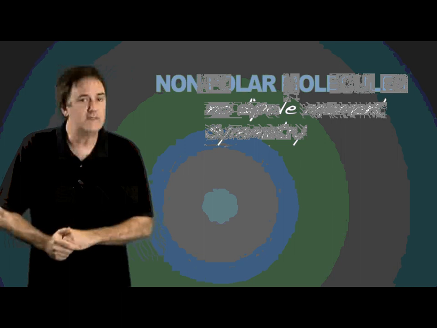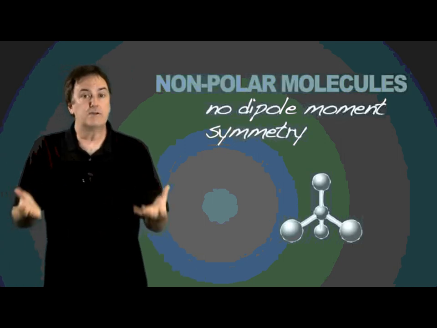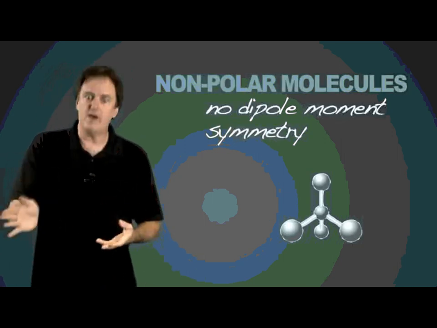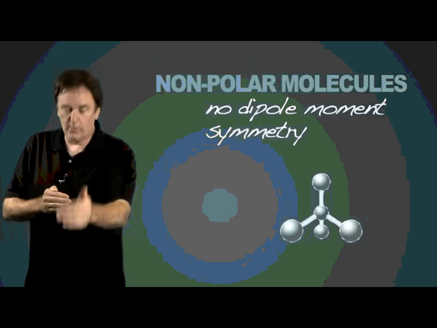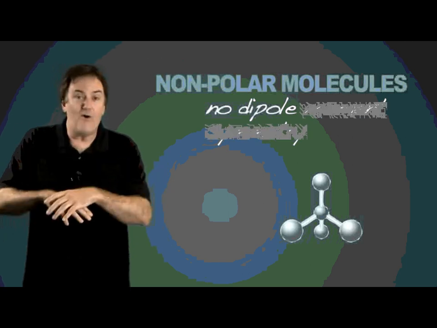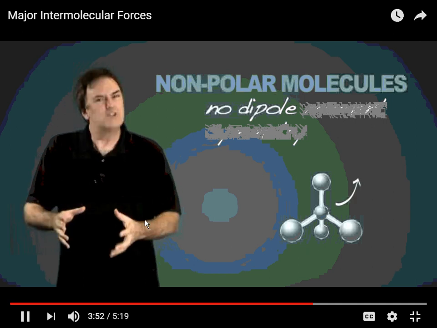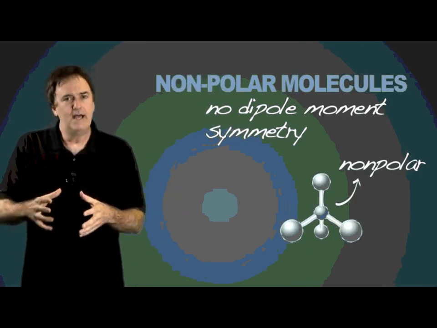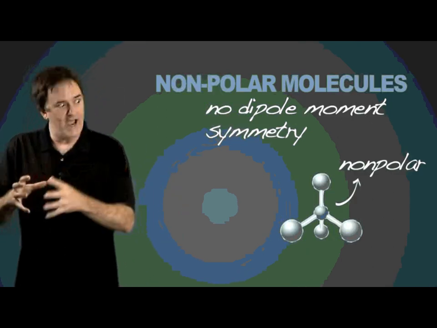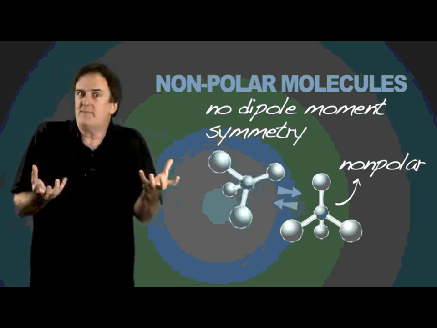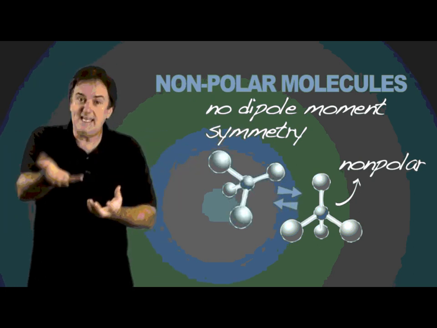A good example of this is carbon tetrachloride. Carbon tetrachloride has 4 very polar carbon-chlorine bonds, but they all nullify each other as far as distribution of charge. So it's a nonpolar molecule. However, it will attract another carbon tetrachloride molecule. They do stick. It is a liquid.